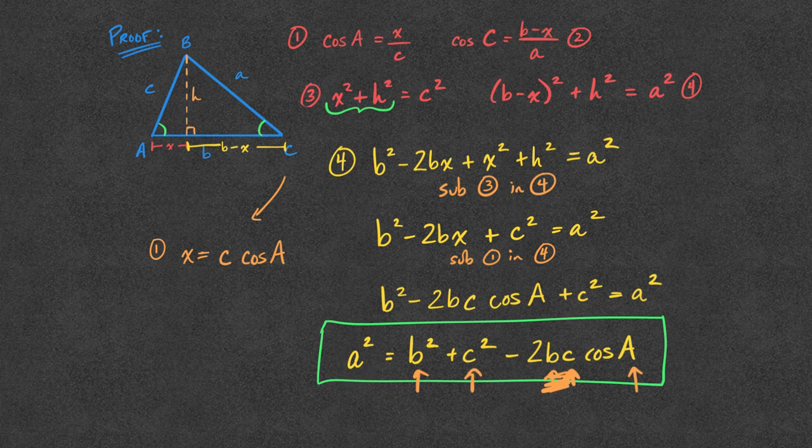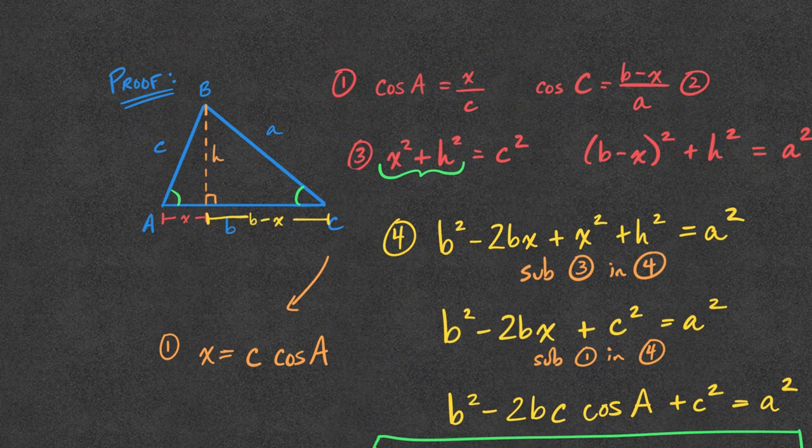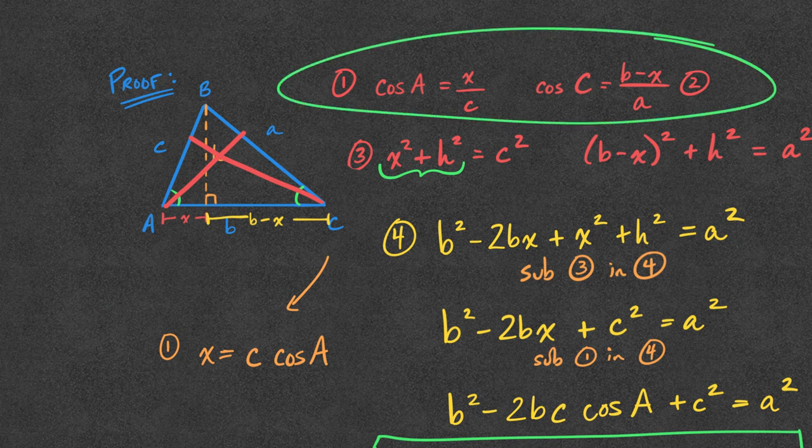Okay, also, if we go back up to my diagram for a second, remember how we dropped in our h? We created an altitude from B? Just like in sine law, you could have created an h from A or an h from C. That would have divvied up your angles in different ways, which would have caused you to create different equations 1 and 2.